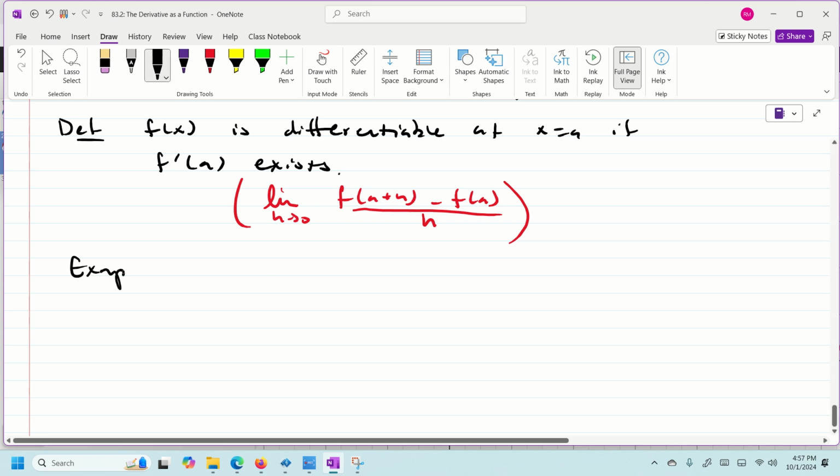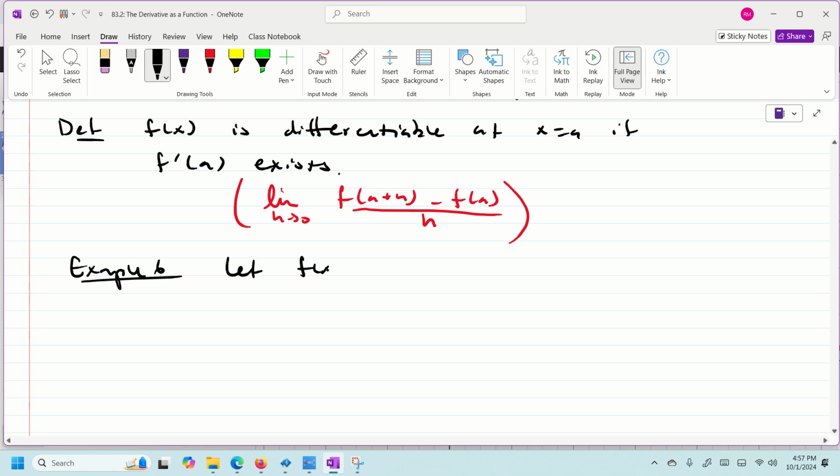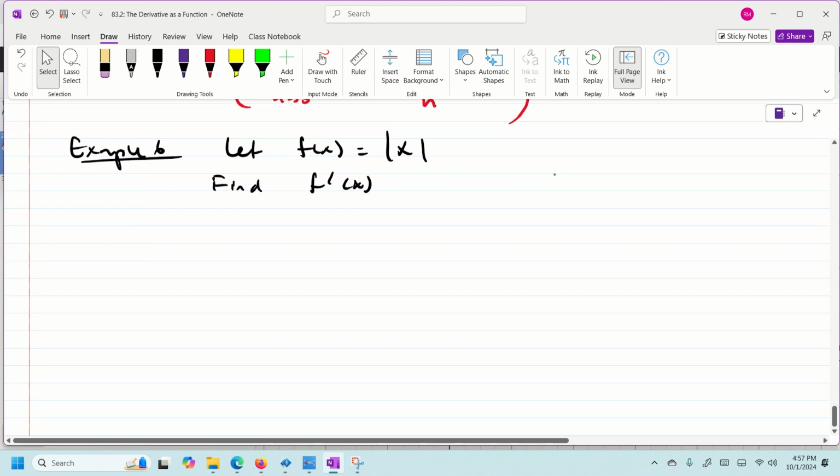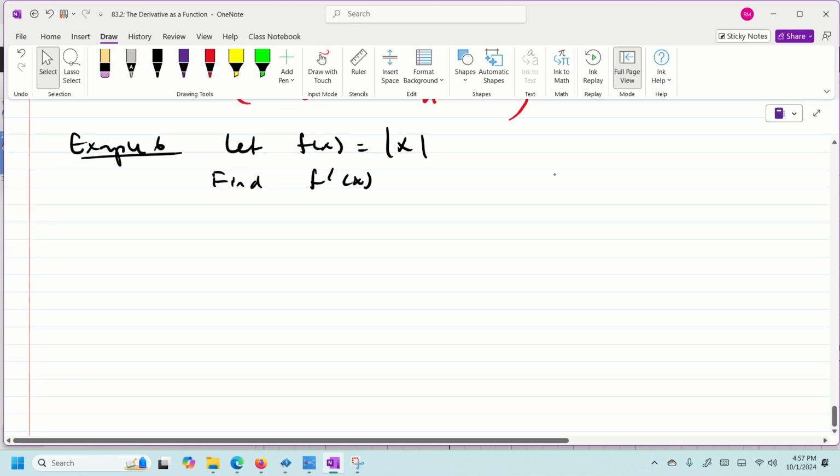In example 6, we have f of x being equal to the absolute value of x, and we're asking to find the derivative of this function. Let's start off by sketching our function.